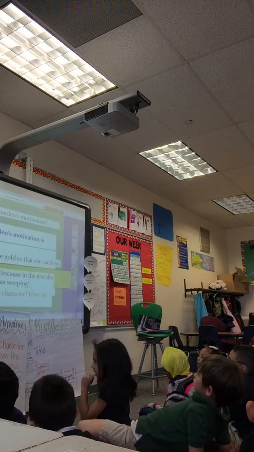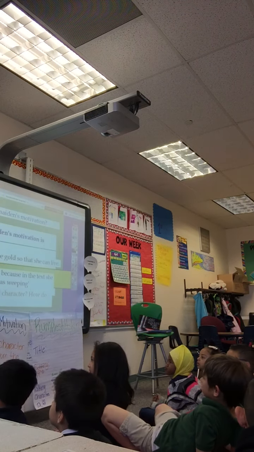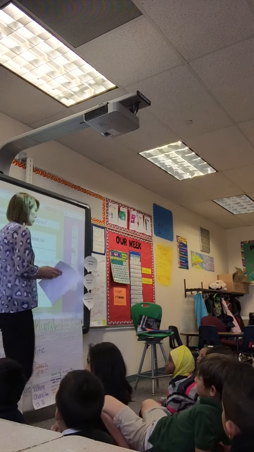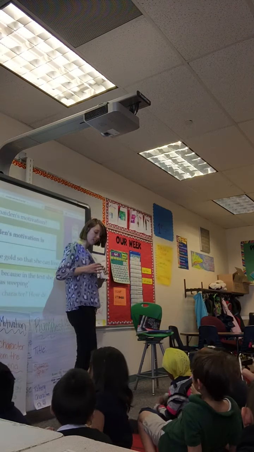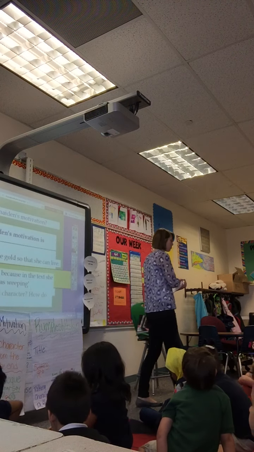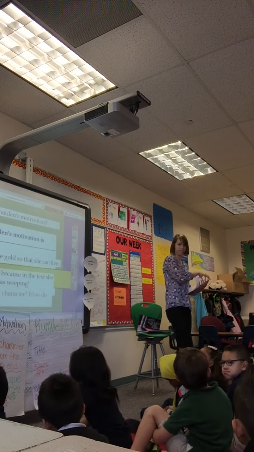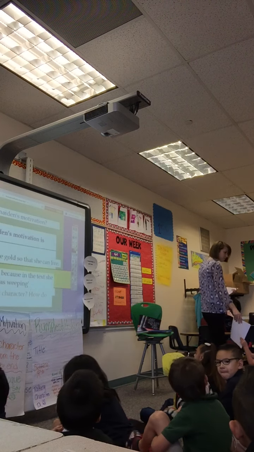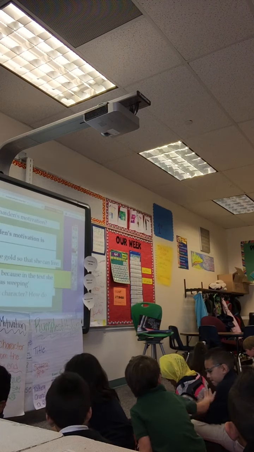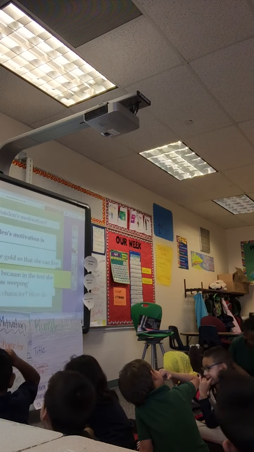If you need to, you can draw a picture instead. Most of you can write in the word though. Restate, answer, cite your evidence. What are we doing? Restate is when we do what? Just like when we stretch out our sentence, right?